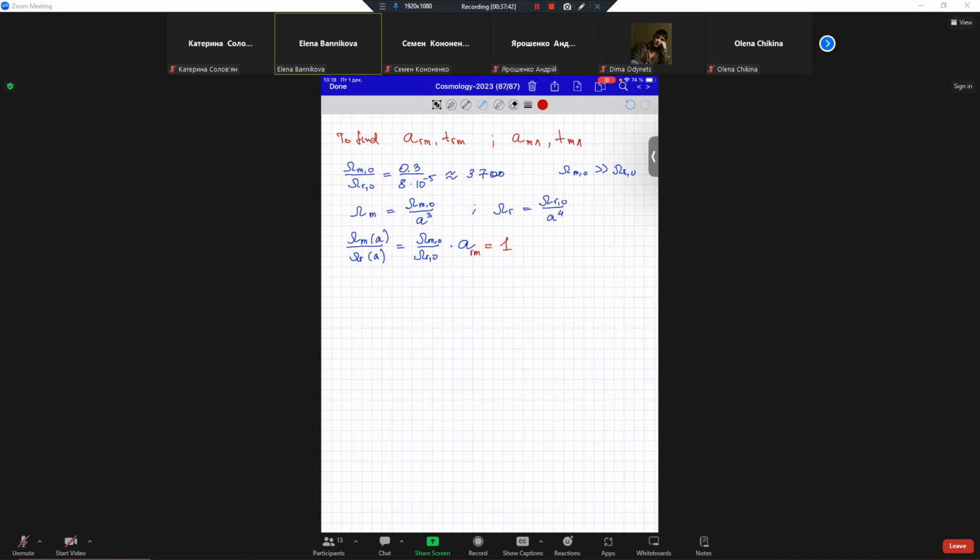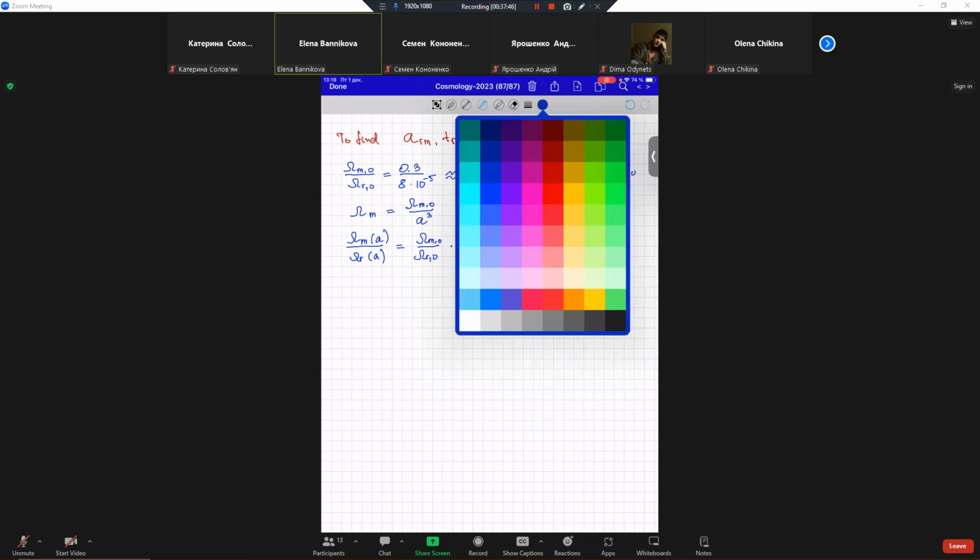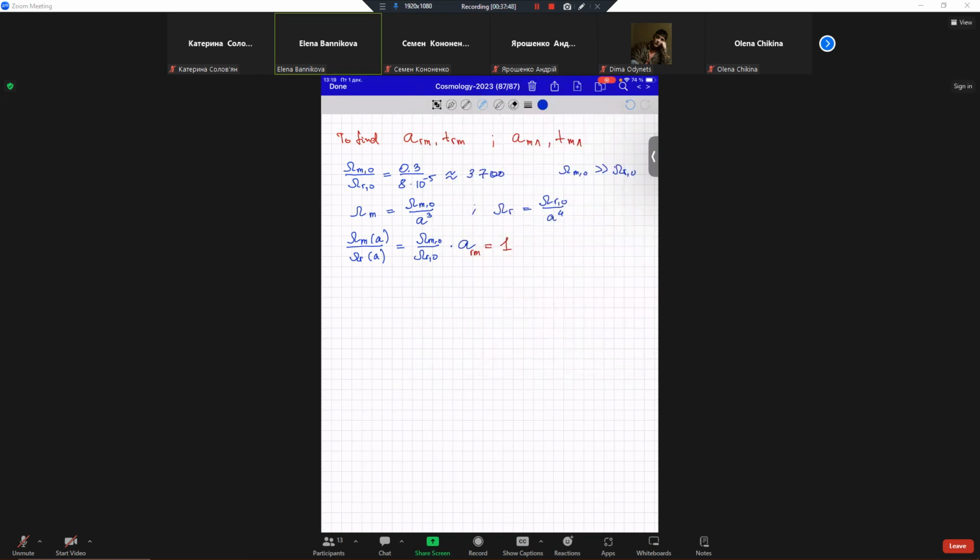So a_Rm, in this case, is very simple: omega r0 divided by omega m0. So this is approximately 3 times 10 to the minus 4.